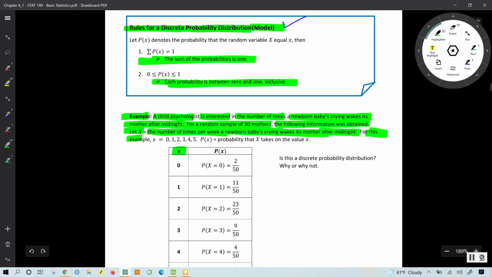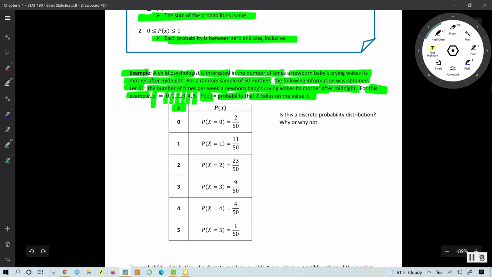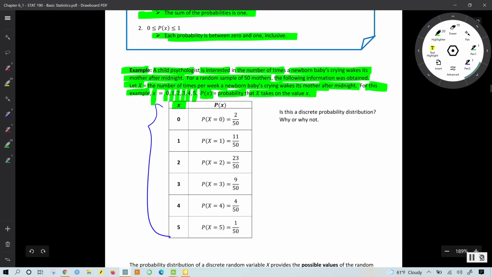For this example, the possible values of X are 0, 1, 2, 3, 4, or 5. And naturally, P of X will be the probability that X takes on any of its possible values. We are provided with the table of the possible number of times that a newborn baby's crying has been observed to wake its mother after midnight.